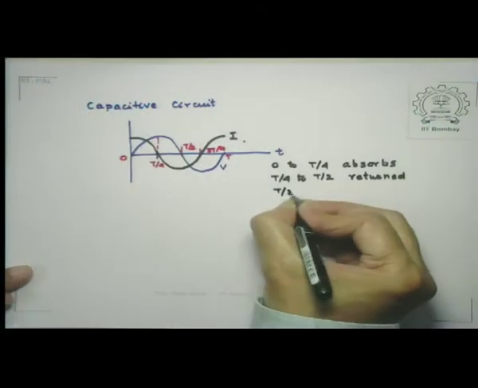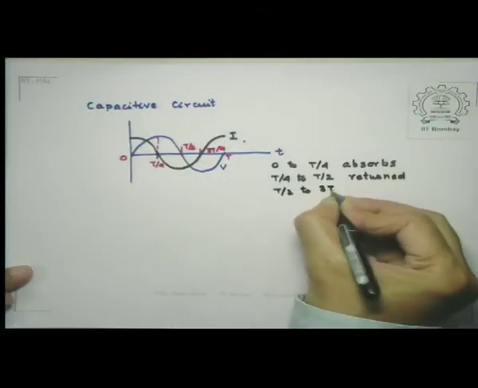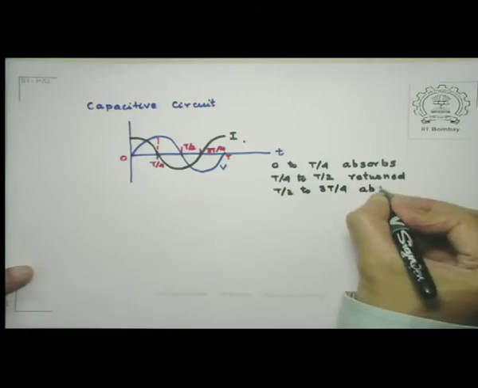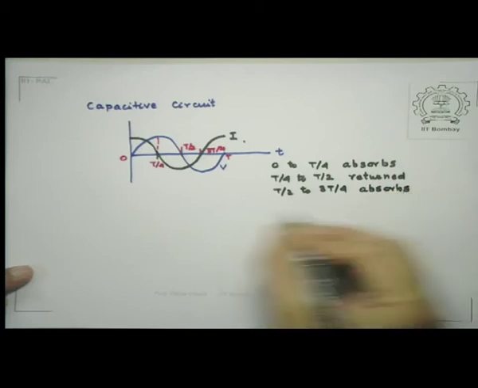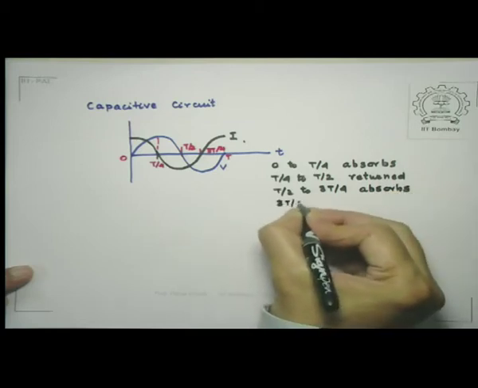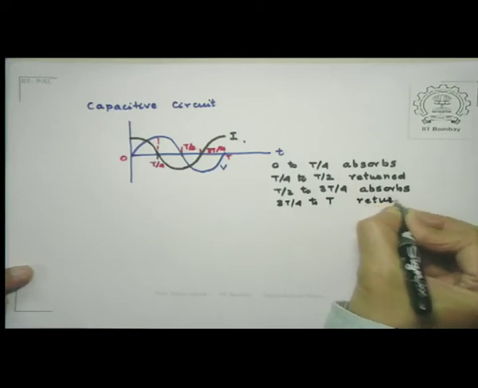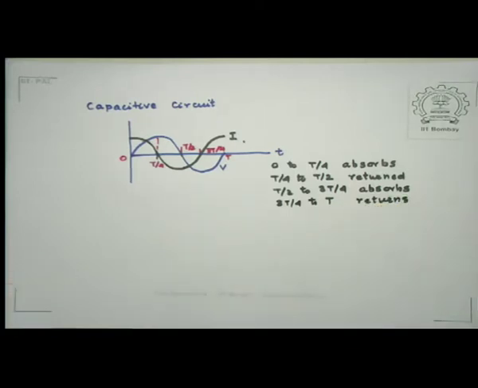Again from T by 2 to 3T by 4, both current and voltage are negative, so once again it absorbs power, and in the last quarter cycle from 3T by 4 to T, it returns the power. So the average power over a cycle for a capacitive circuit is equal to 0.